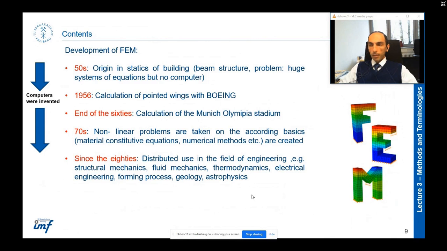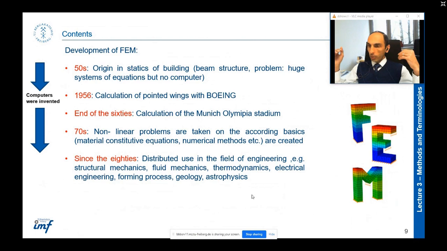And the example of that: they used FEM for the first time in the 50s for designing the structure of a skyscraper. So what they did, for a skyscraper, you have a big structure, and so you have many beams in the structure.